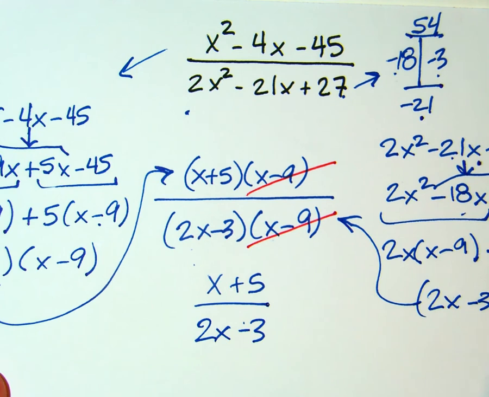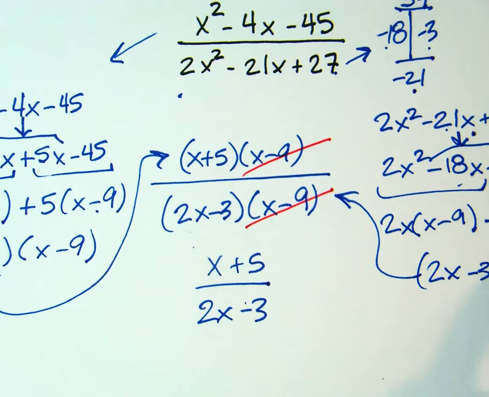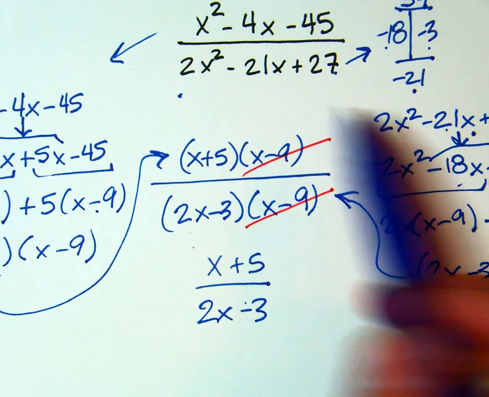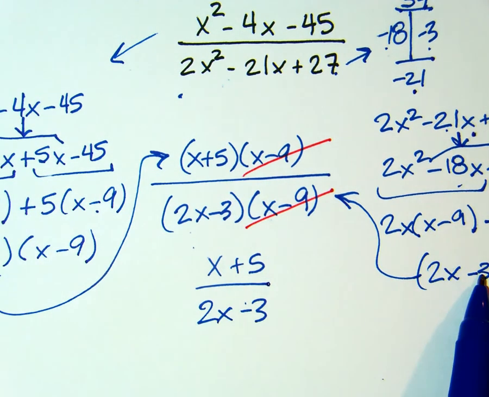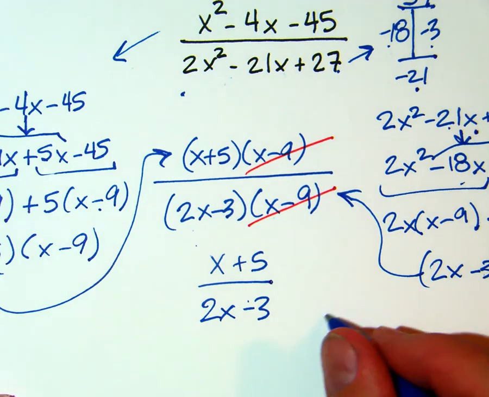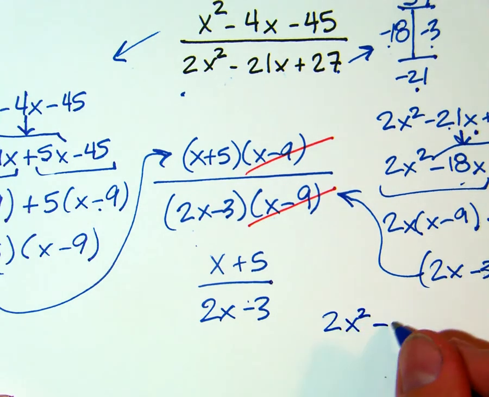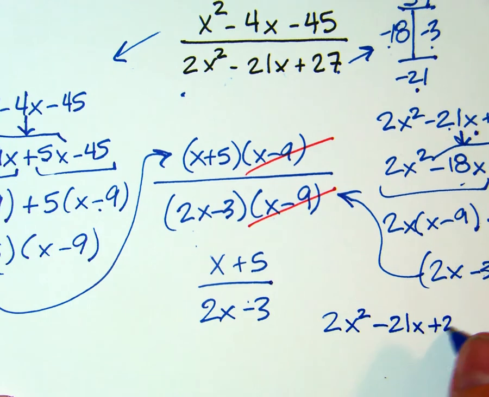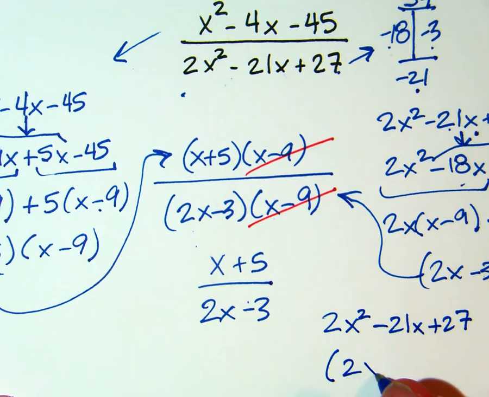We'll need to find the excluded values, and it is important that we go back to the original. But as we've just practiced, I know that the original factors into this, so I'm just going to write it factored because it's the same thing. It's my original denominator in its factored form.